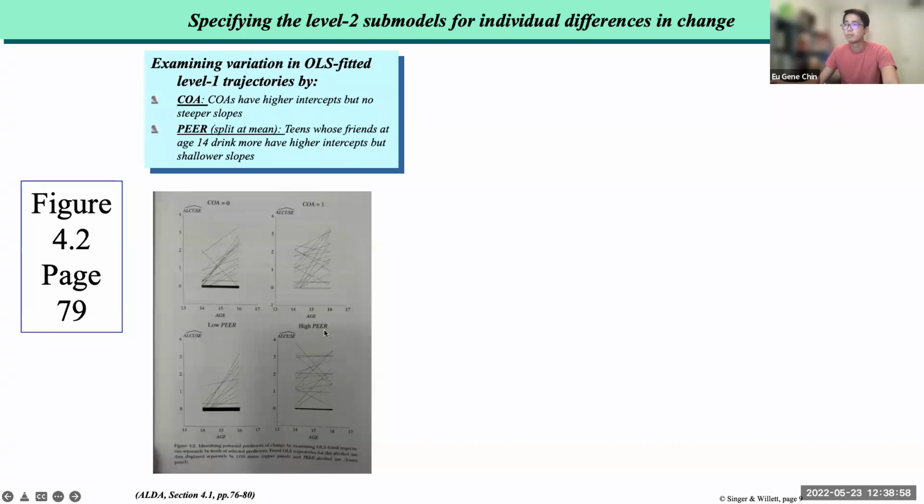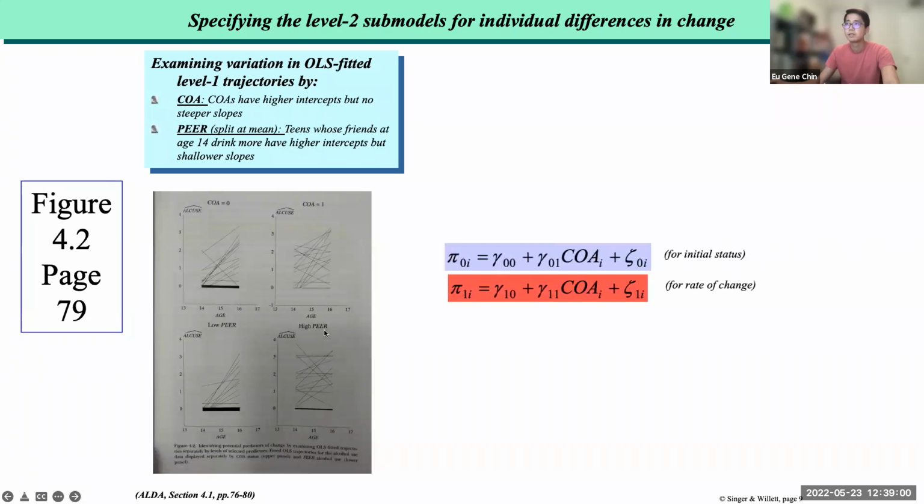The reason why we do this is so that we can do a very similar type of visual inspection here. Basically, we want to know if our group level predictors, COA and peer, are actually doing any good in terms of being able to predict the initial status of individuals as well as the rate of change.